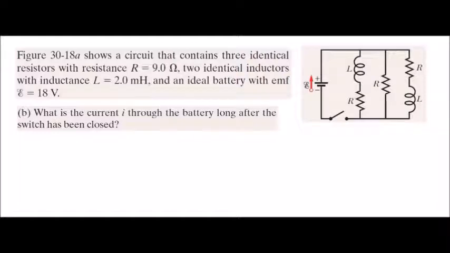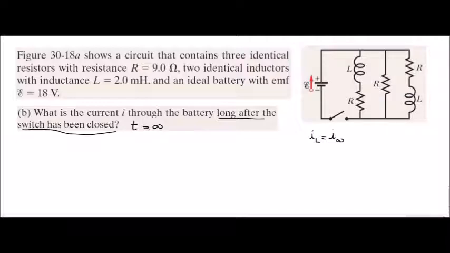The second classical question is the following. What is the current through the battery long after the switch has been closed? What does it mean, long after the switch has been closed? t equals infinity. Okay, the current in the inductor, what is it?